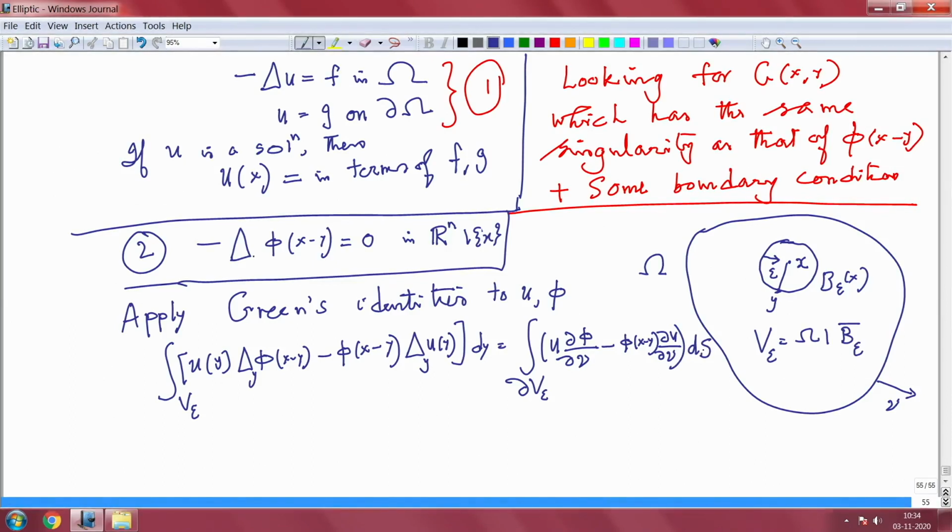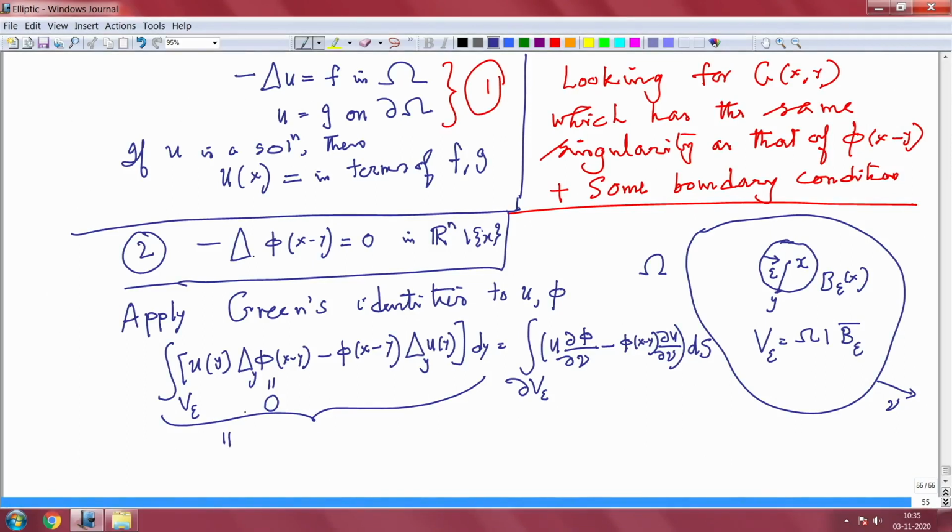Now, we want to understand this. Look at this first term; that we will come to later. This is equal to 0 because phi has no singularity on this one. So, this equation, and the Laplacian of u in y is f. So, this whole thing will be equal to this.